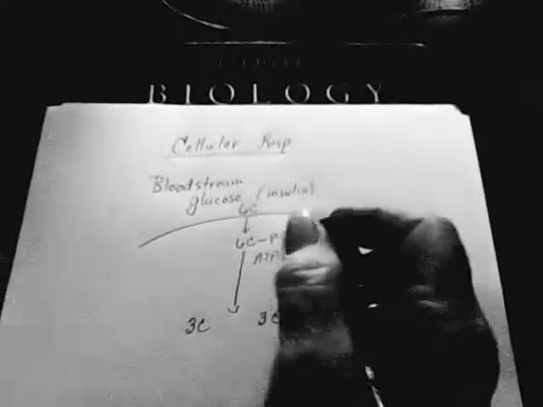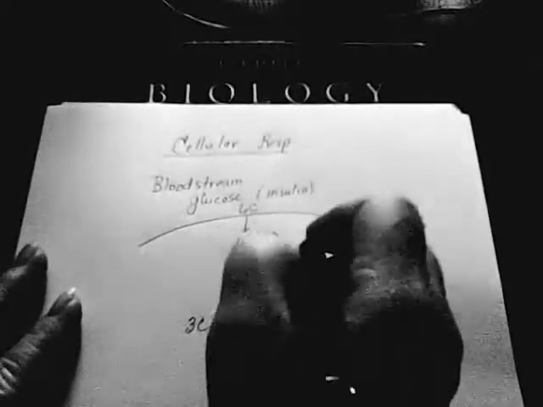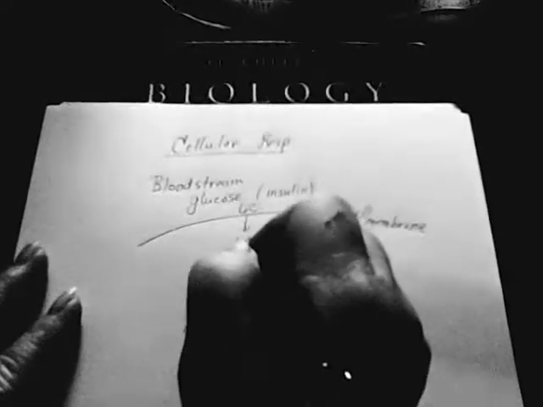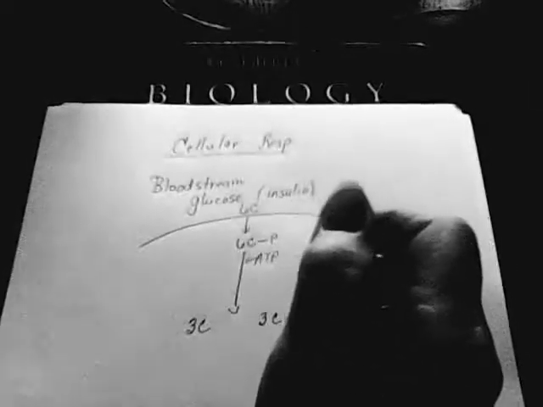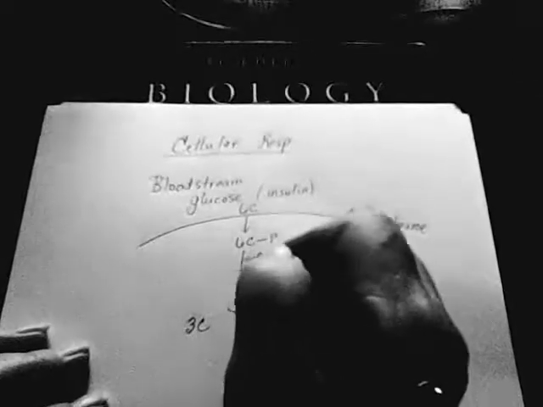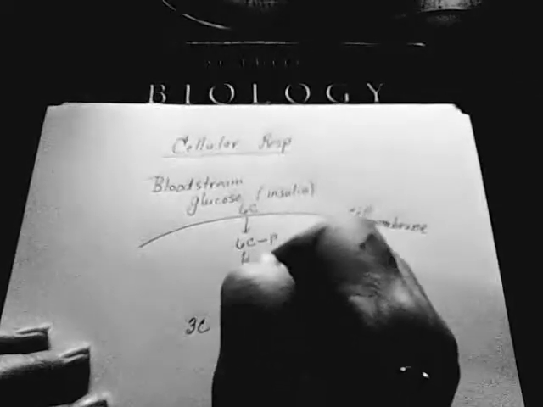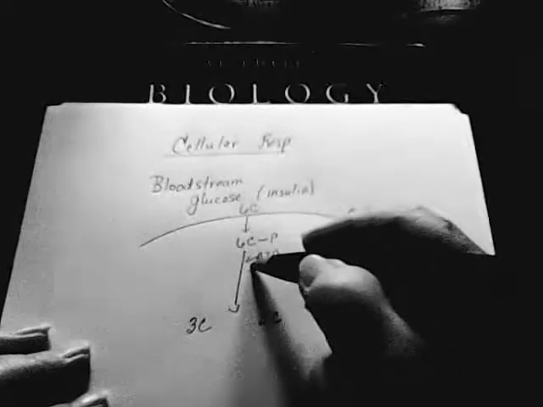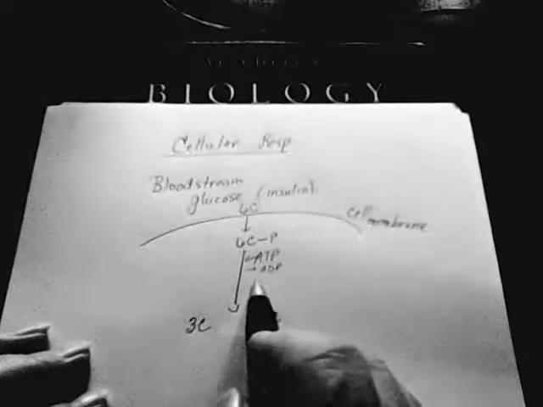ATP, it's kind of like you have to spend money to make money. ATP has to come in here, and in the process, it's going to break down this carbon by getting rid of a phosphate group. You notice that ATP moved in, and ADP is coming out.